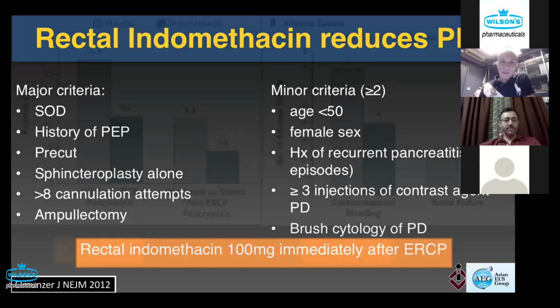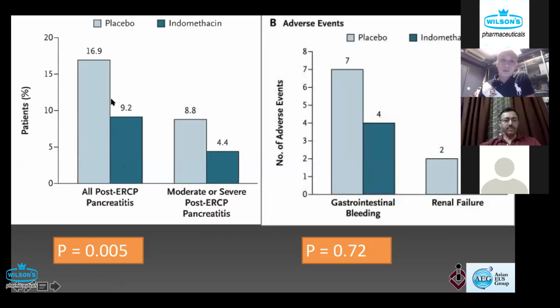In this study, they managed to show that rectal indomethacin immediately after ERCP can reduce post-ERCP pancreatitis from 17% to 9.2%, and moderate to severe pancreatitis from 8.8% to 4.4%. All these differences were significant, whereas the risk of adverse events was not significantly different in terms of GI bleed as well as renal failure.